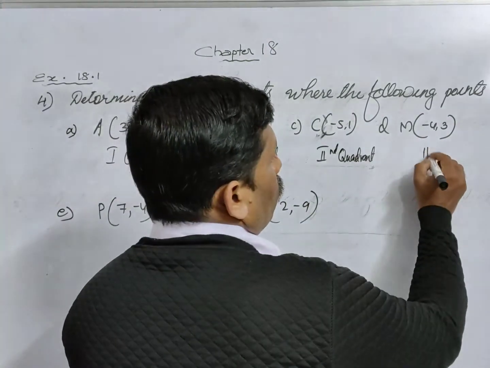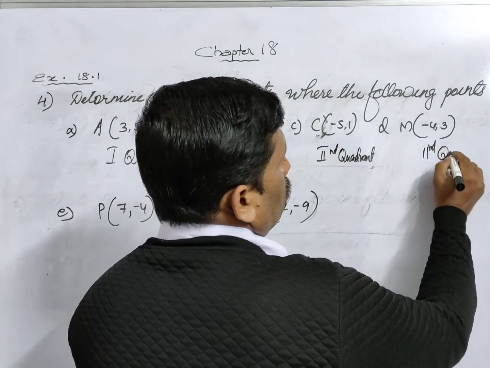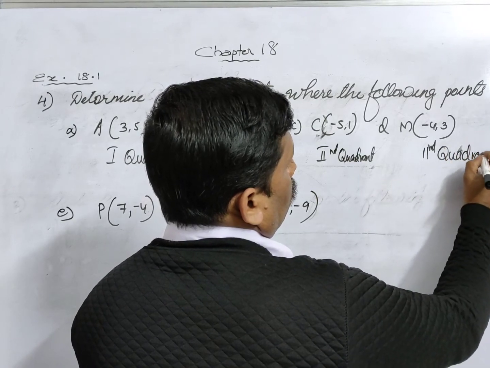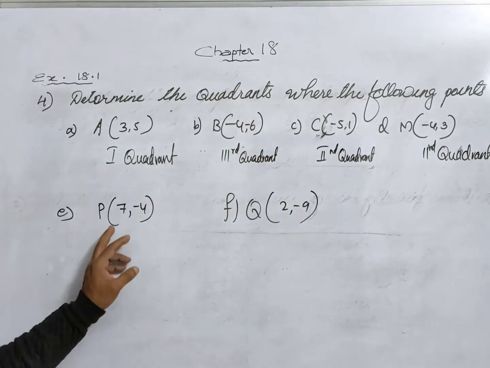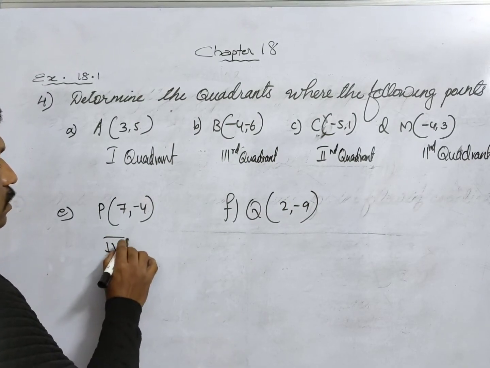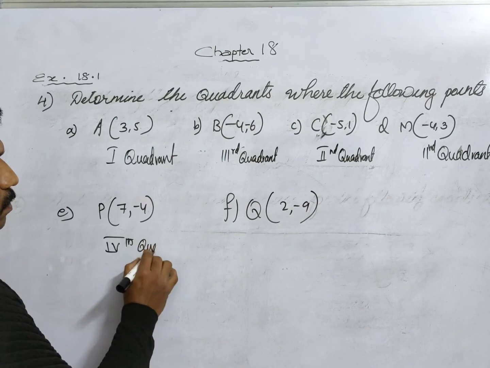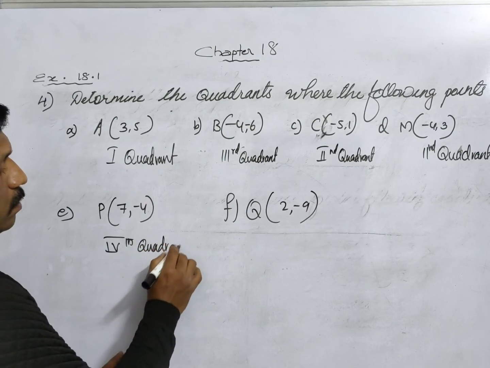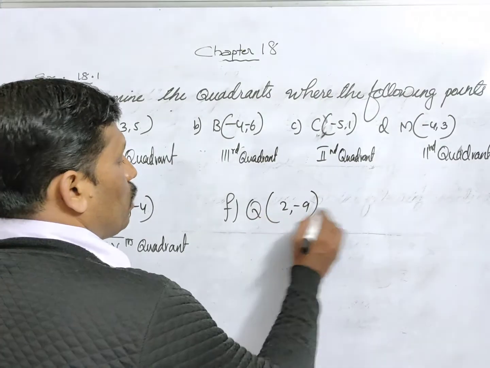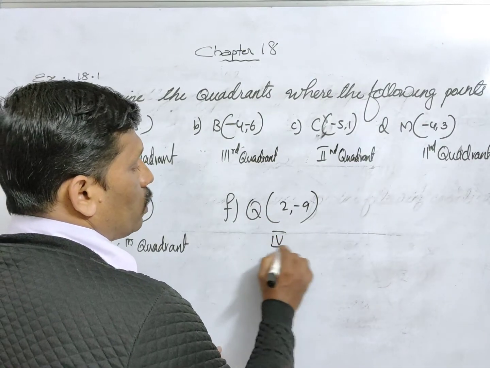This also is in the second quadrant. And here x coordinate is positive and y coordinate is negative. That means in the fourth quadrant. And here point Q, x coordinate is positive and y coordinate is negative. This also lies in the fourth quadrant.